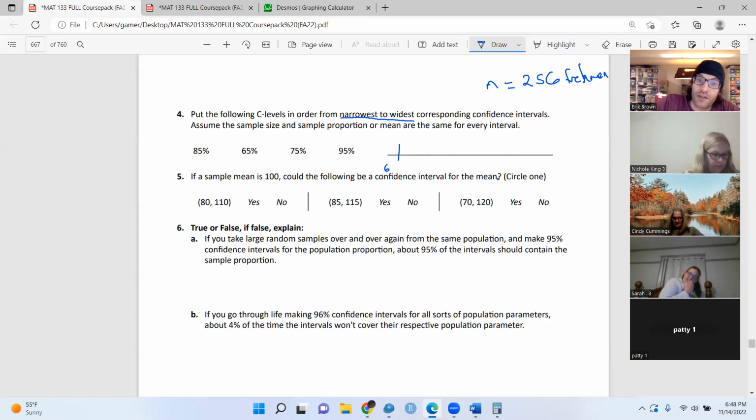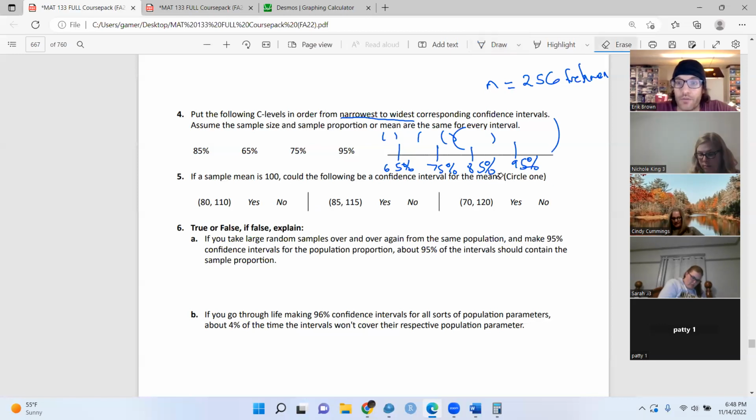So what, 65% from narrowest to widest, then 75%, then 85%, then 95%. So you can think like narrow, wider, wider, widest. Although that's probably not helpful. It's more confusing visually than not.